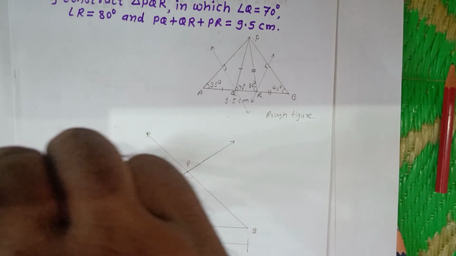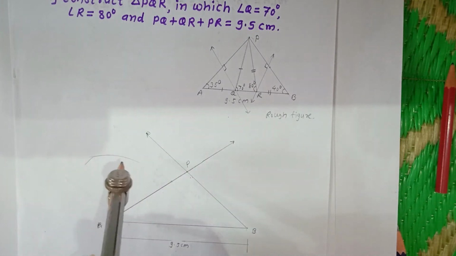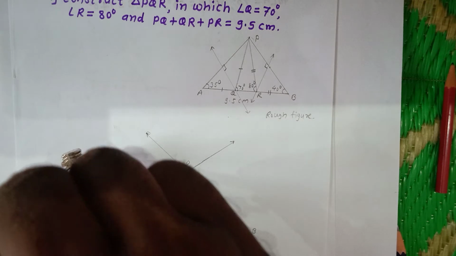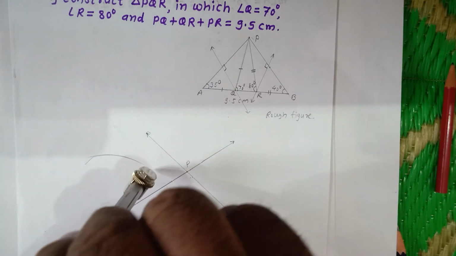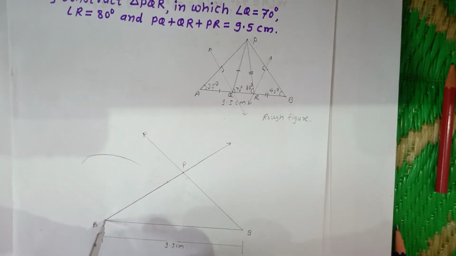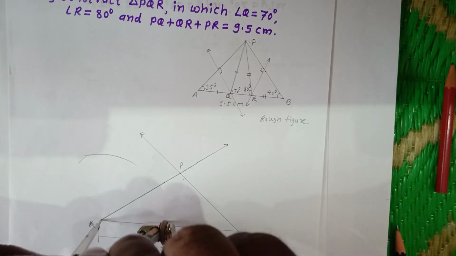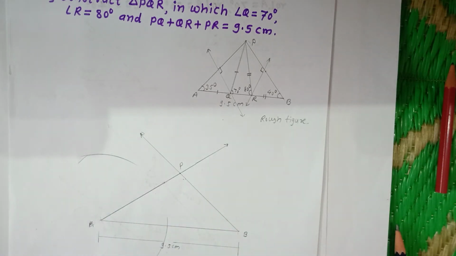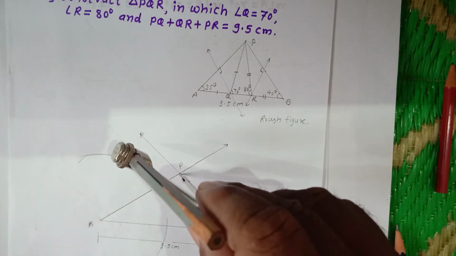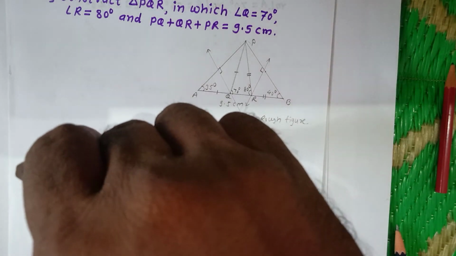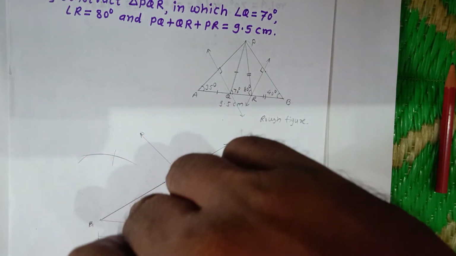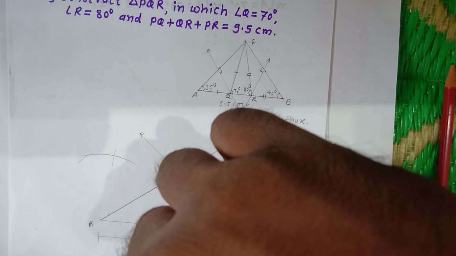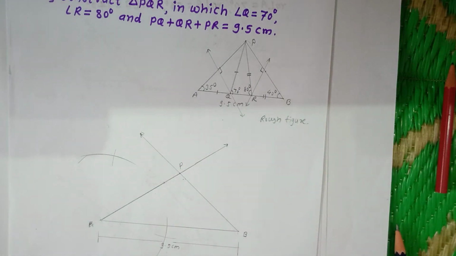Draw the two arcs on both sides of AP, put compass at point P. Draw two more arcs on both sides of AP.